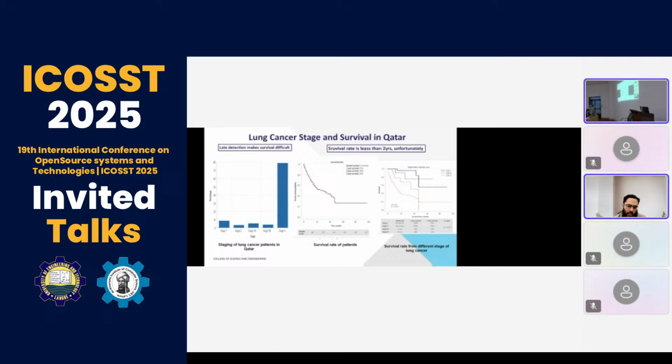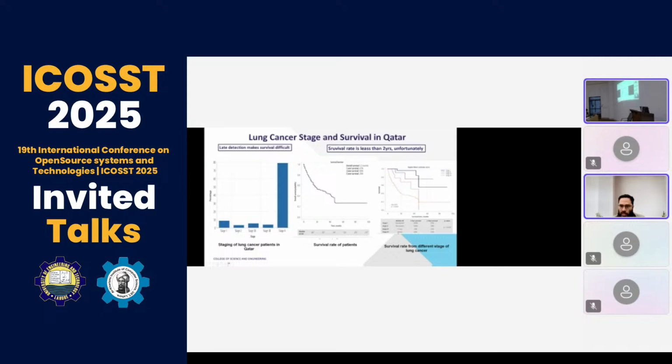But as I mentioned, once there is an onset of lung cancer, unfortunately the survival rate is really low. And once the stage progresses from stage 1 to stage 4, it's almost a miracle if the patient survives for more than 18 months. Here you can see the survival rate of lung cancer patients at different stages.